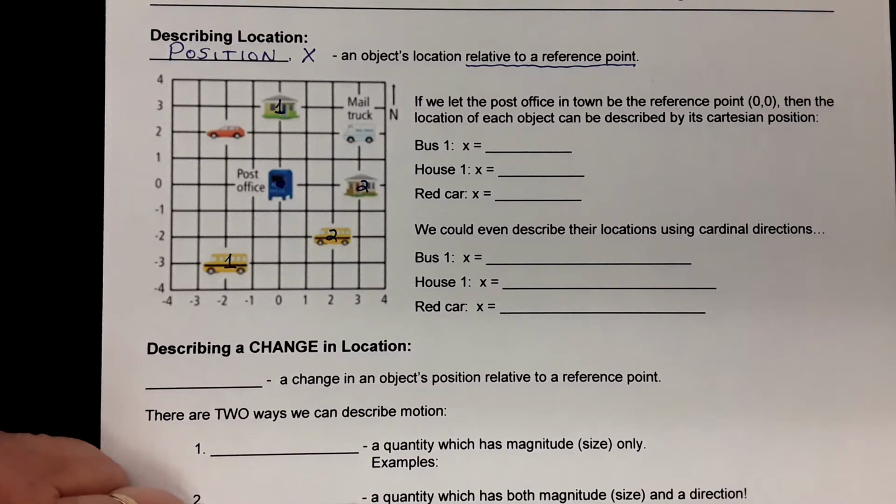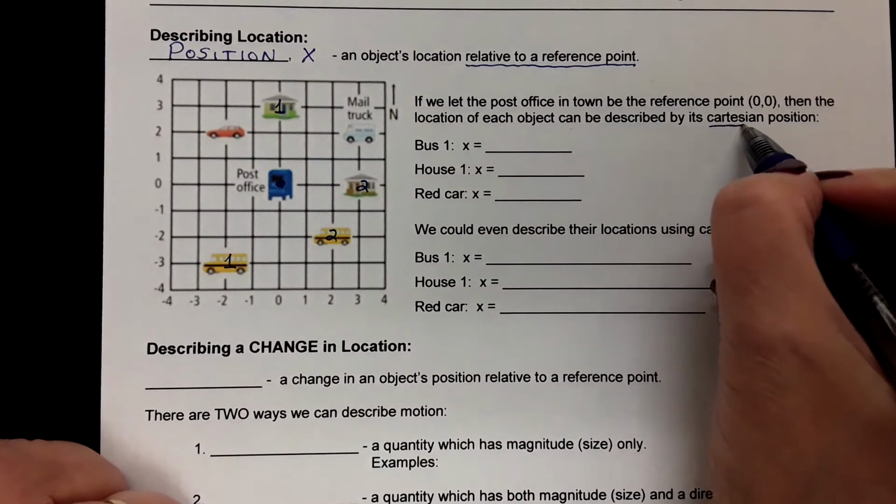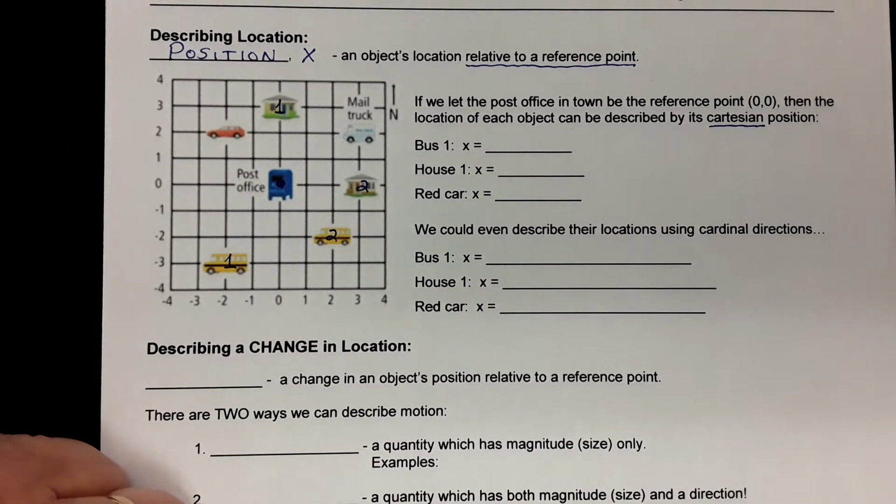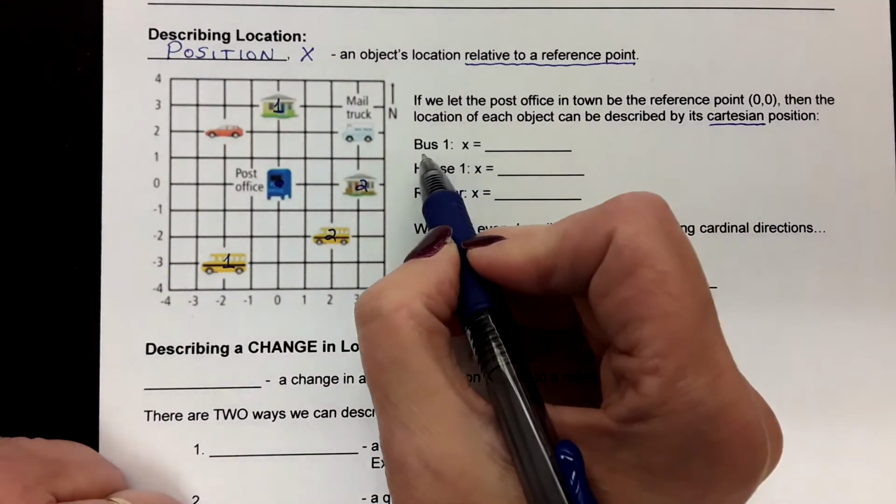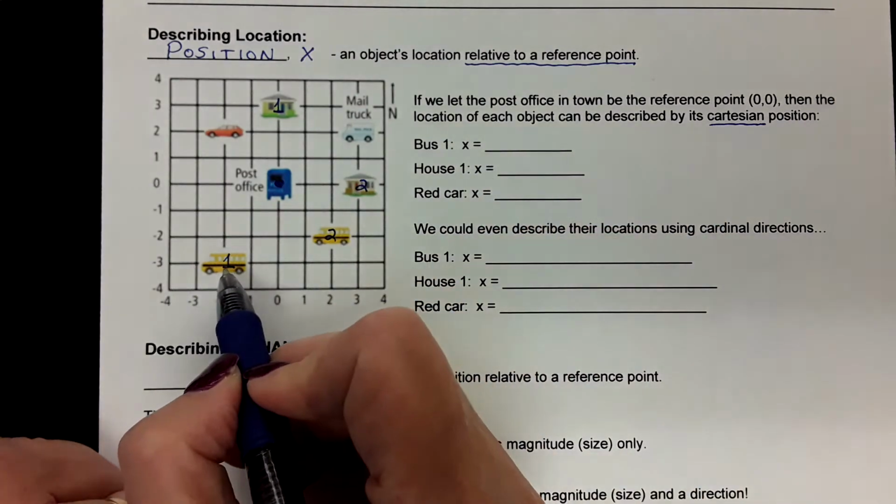using Cartesian positions. Now, Cartesian just means you've got an XY grid and you're going to use XY coordinates. You know, X, comma, Y, over, up, over, down, okay? So from the post office, let's find the position of bus 1.